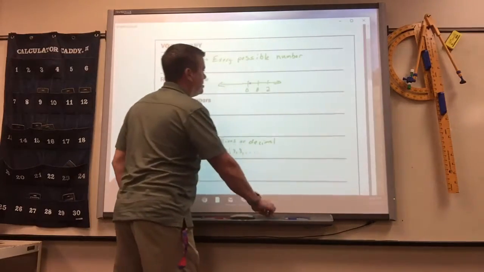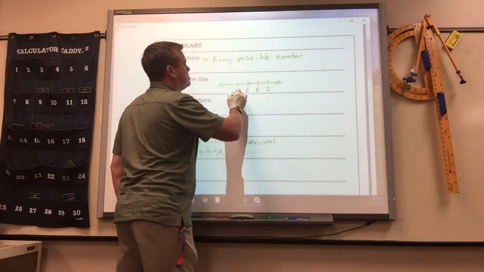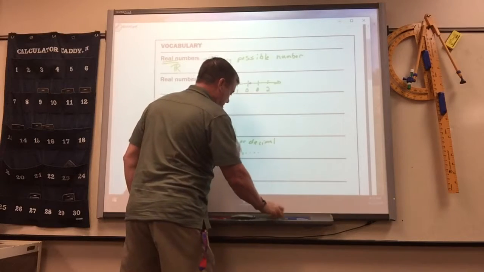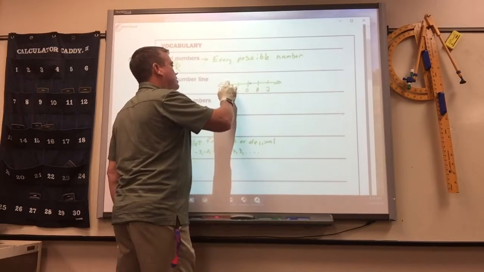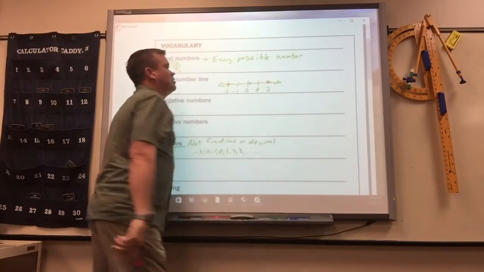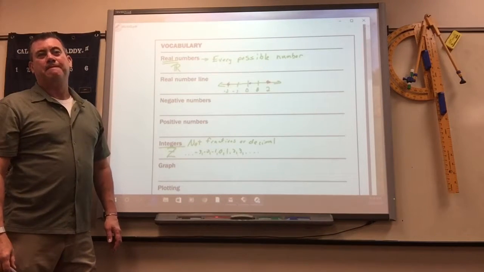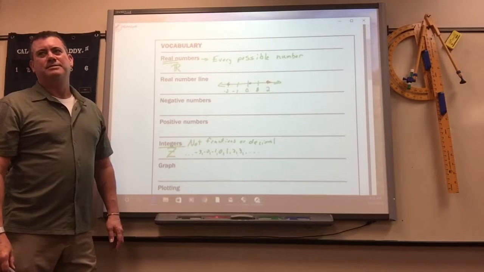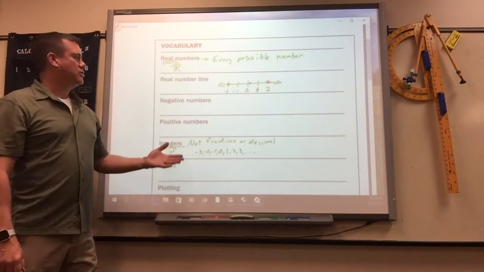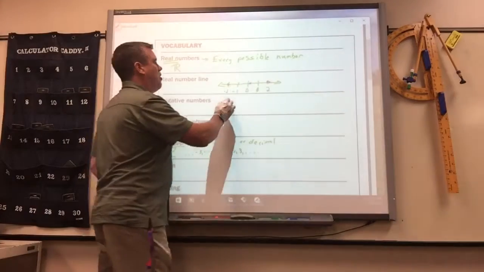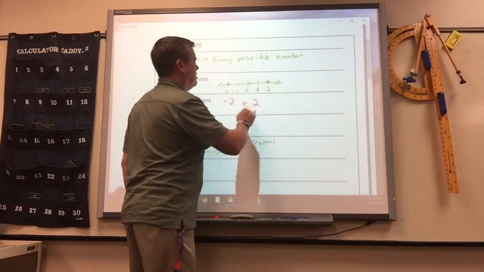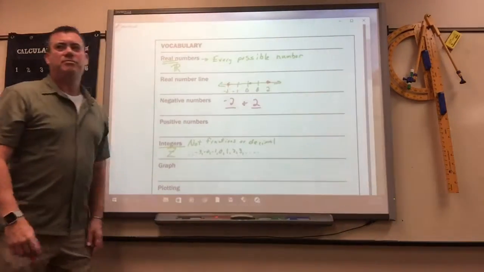If you had dots on these two numbers on a number line, do you know what they're called? What are the two numbers the dots are on? -2 and 2. What are they called? They're not the same.